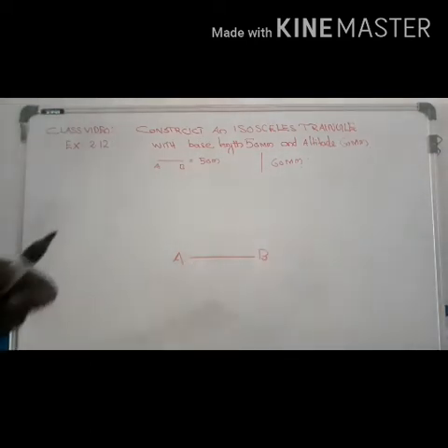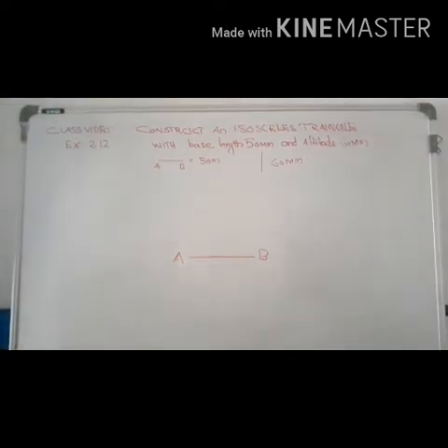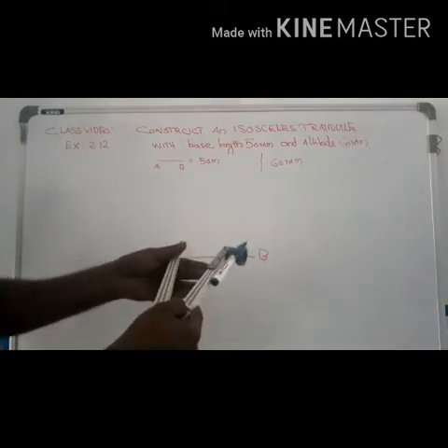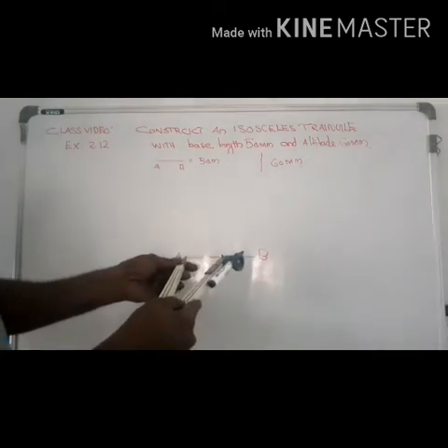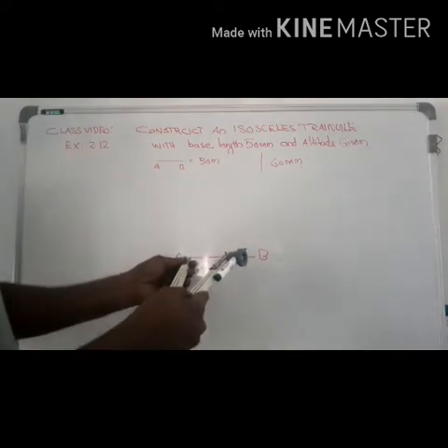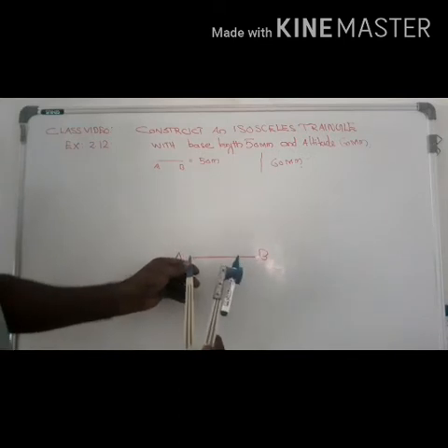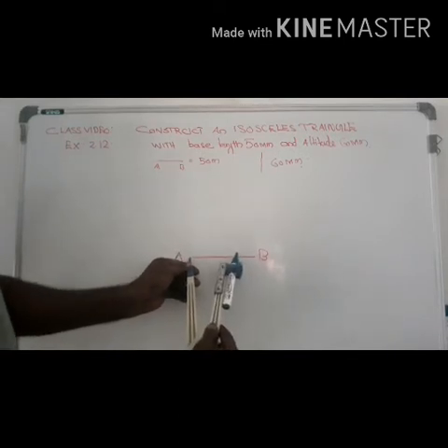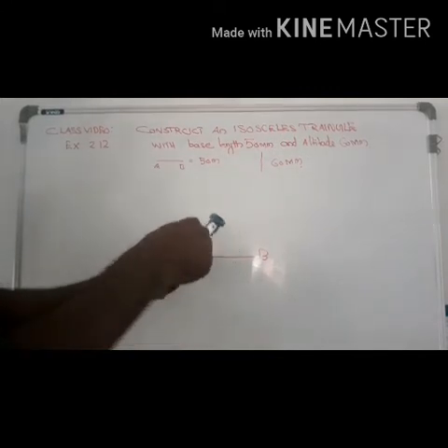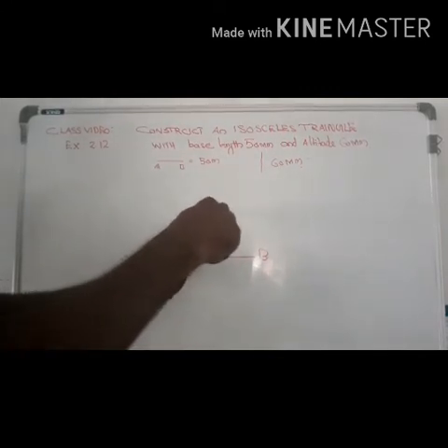Next step is to construct the perpendicular bisector. Take your compass and set a radius more than half the length of line AB. Set the compass point on A and draw an arc on the upper side of the line AB.